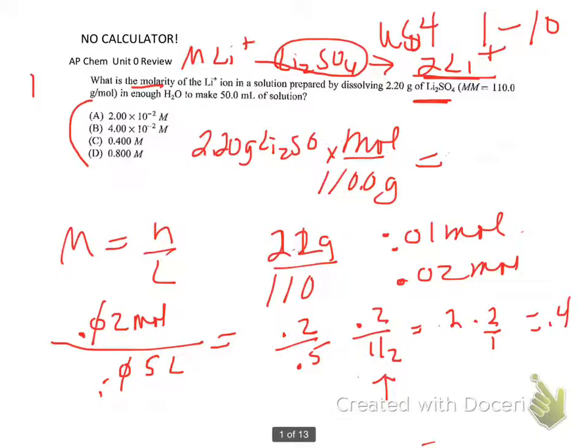So I have 0.4 molar of lithium sulfate, but I have twice as much molar of the lithium ion. So this answer is 0.8. That's a pretty tough problem. All right, let's take a look.